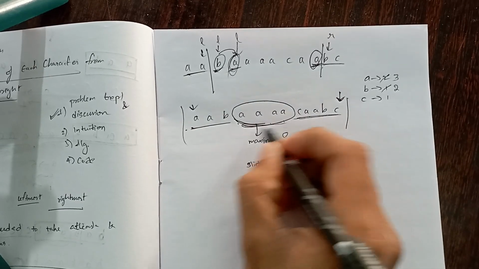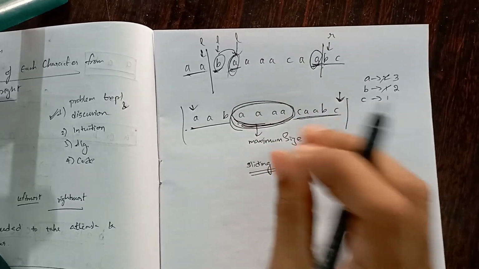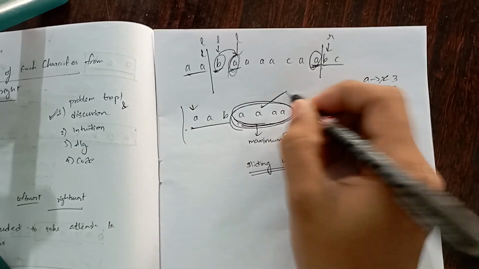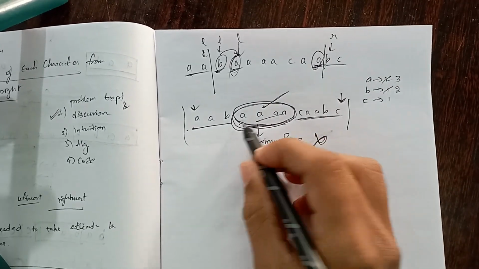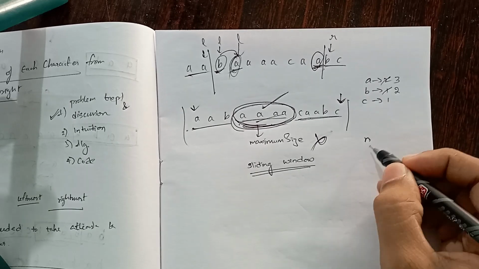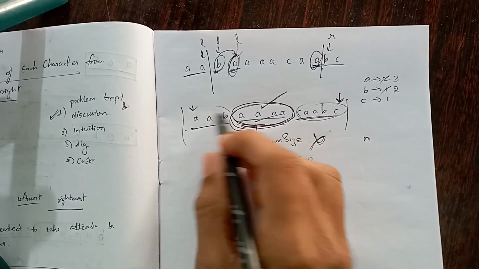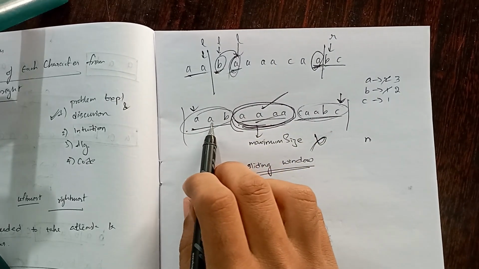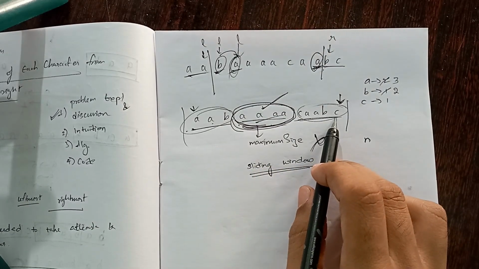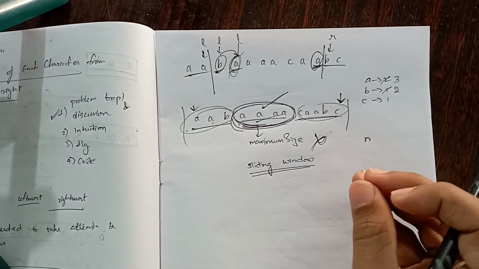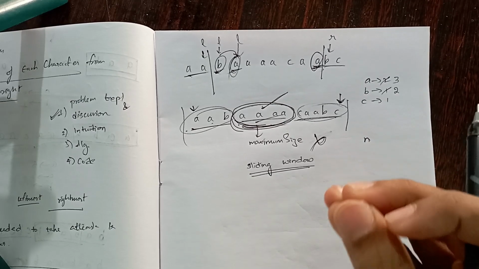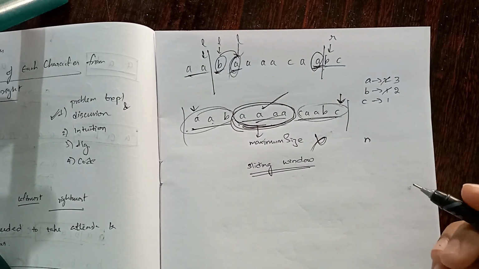So the middle substring which is having the maximum size, if you find this one and remove this size from n, you will get the size of the leftmost substring and the rightmost substring to be taken. That means the minutes you want to make k.